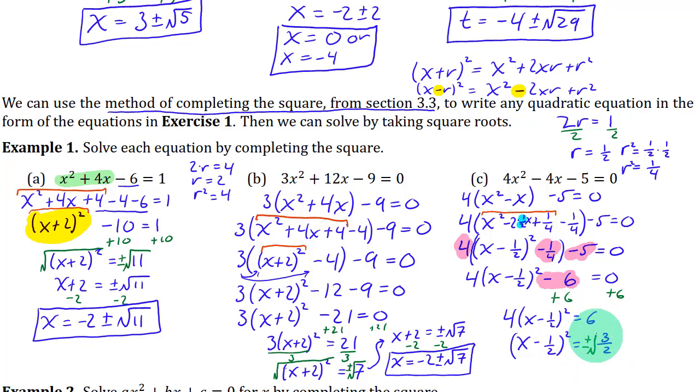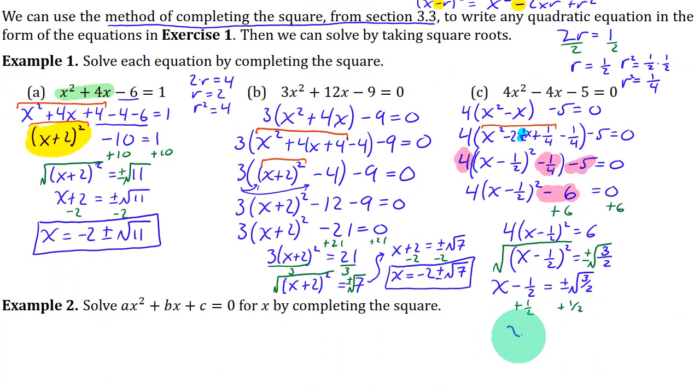Don't forget the plus or minus on one side. And then we'll have just x minus 1/2 left equals the plus or minus square root of 3 over 2. Now we're going to add 1/2 to both sides here. And that will just leave you with x equals 1/2 plus or minus the square root of 3 over 2.